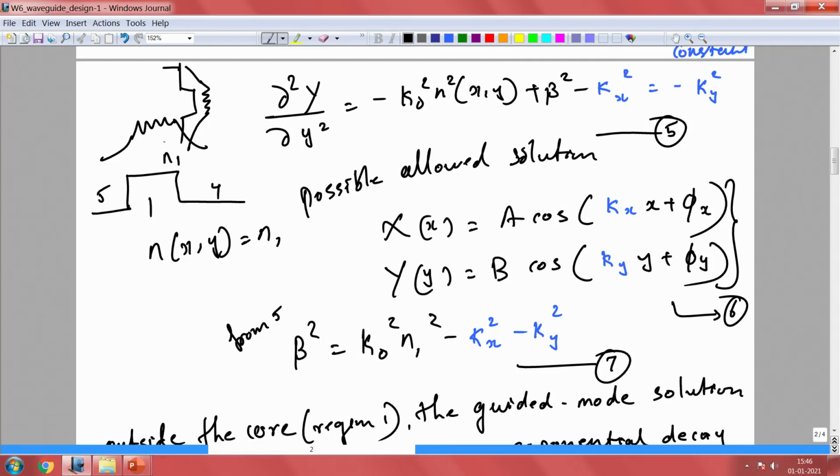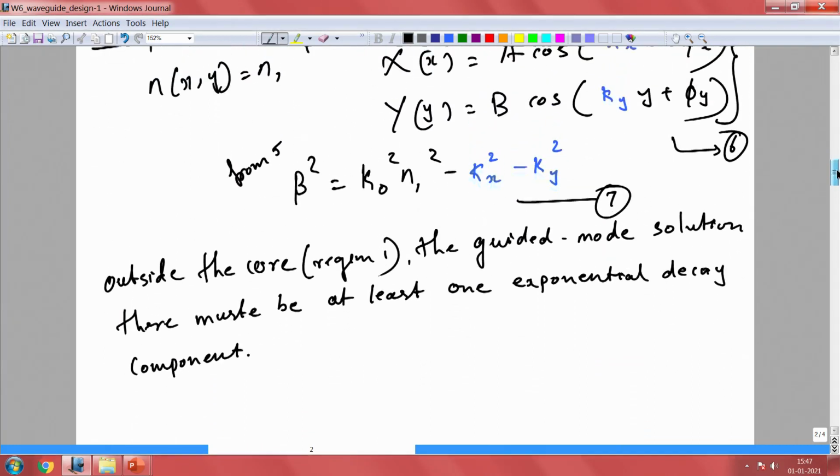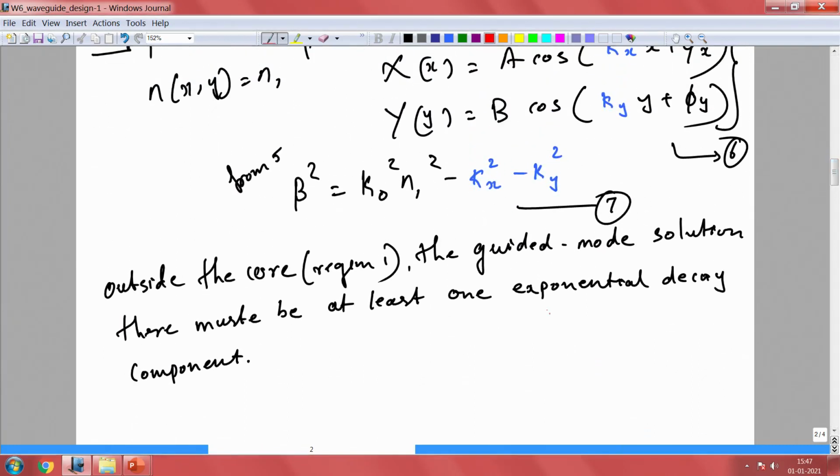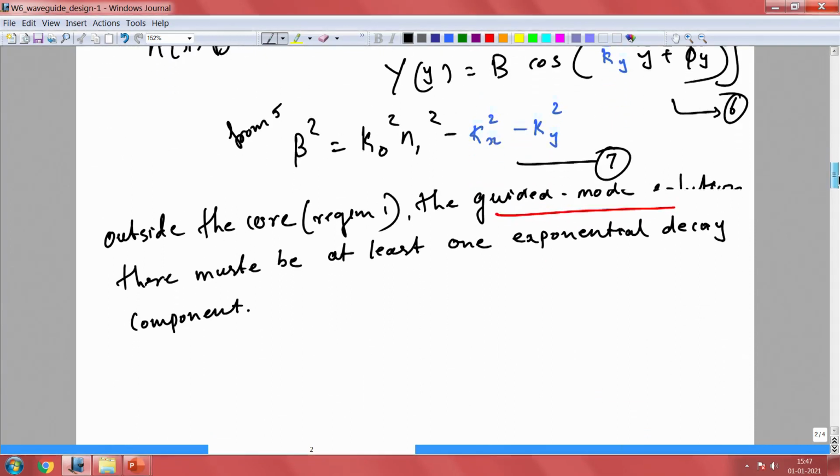Alright. As you can see here, when it is oscillating along the y direction, it will be oscillating here, here and here. But when you look at the x component, it is decaying. So, you should at least have one decaying solution in order to keep this mode in. We will visualize this as we progress, but keep this in mind. We will revisit this particular statement later on in the lecture.